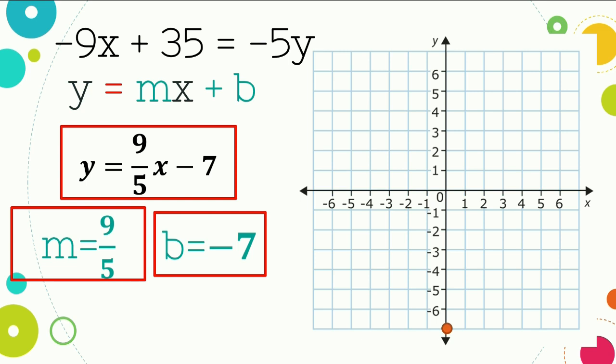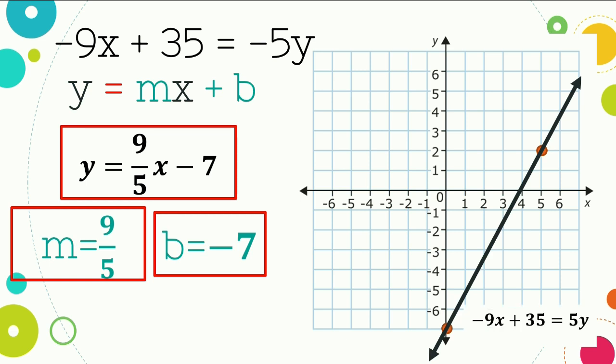From the first point, we rise by positive 9. And then, we run by 5. Therefore, our second point is 5, positive 2 from the first quadrant, and then connect the 2 points. So, that is our graph of negative 9x plus 35 equals negative 5y.